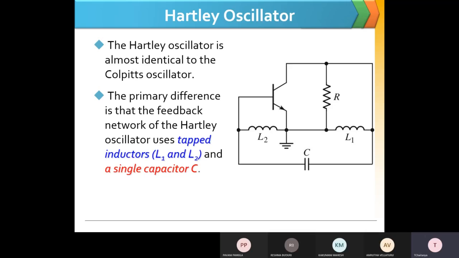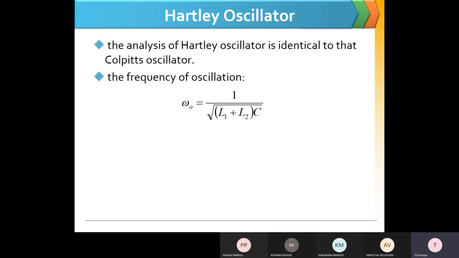The primary difference is that the feedback network of the Hartley oscillator uses tapped inductors, but the Colpitts oscillator uses tapped capacitors. That is the only difference. The angular frequency of the oscillator is 1 divided by root of L1 plus L2 into C.